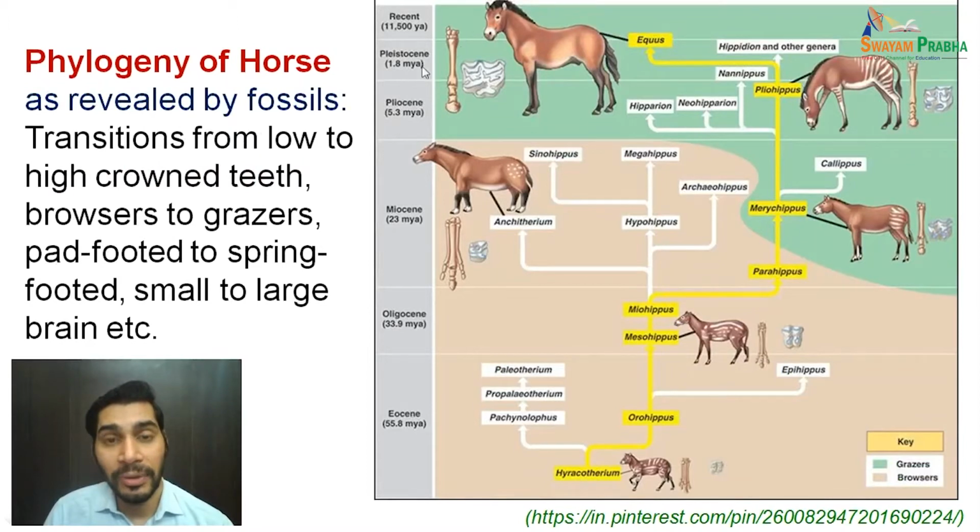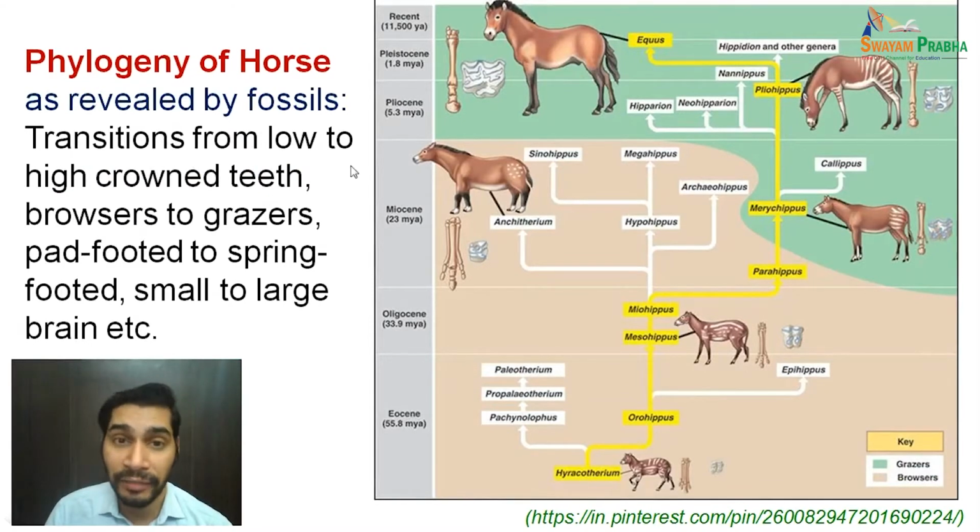Now, if you see this evidence in terms of fossils, which are here in the form of bones, teeth or maybe skulls, they have revealed the whole phylogeny of the horse. That means the transition from low to high crowned teeth. The earlier fossils had low crowned teeth.